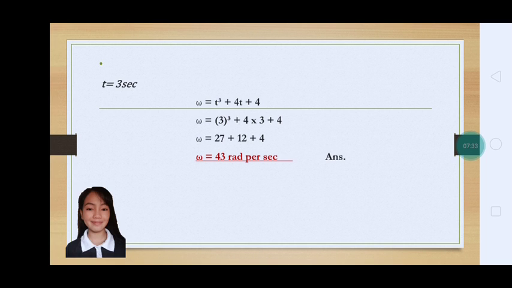You need to use MDAS to get the answer. So we have omega is equal to 27 plus 12 plus 4, which is omega equal to 43 rad per sec.